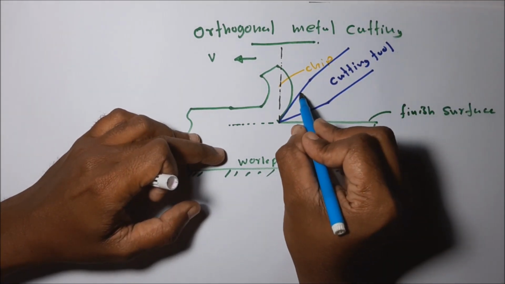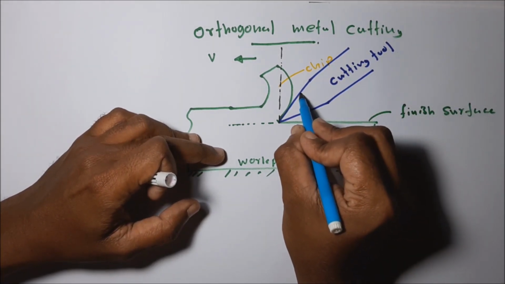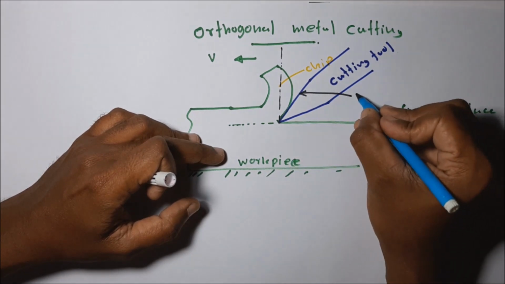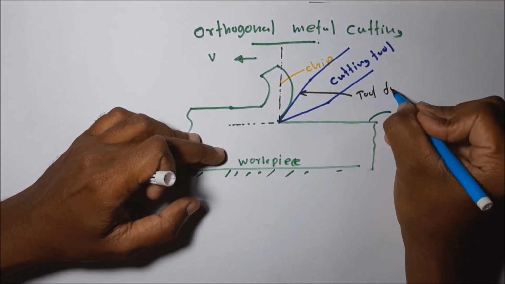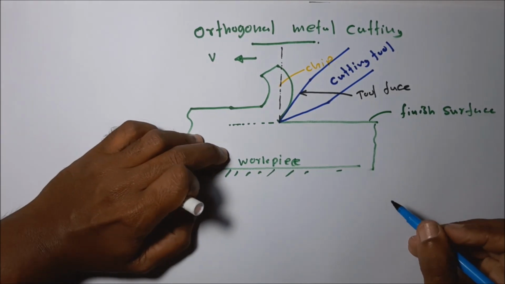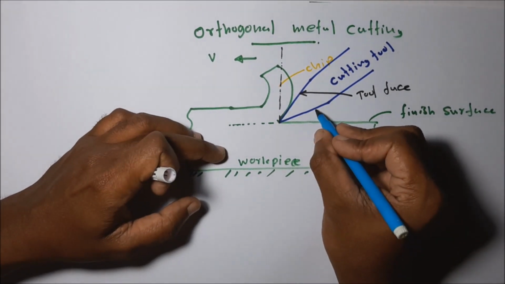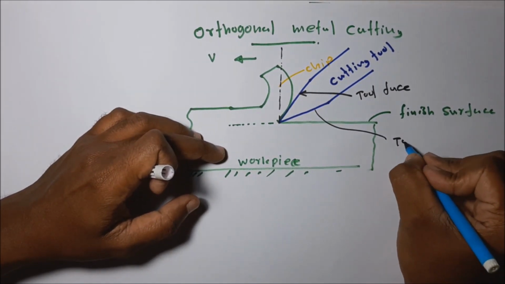Then the top of this cutting tool is called the tool face. Then the bottom surface of the tool is called the tool flank.